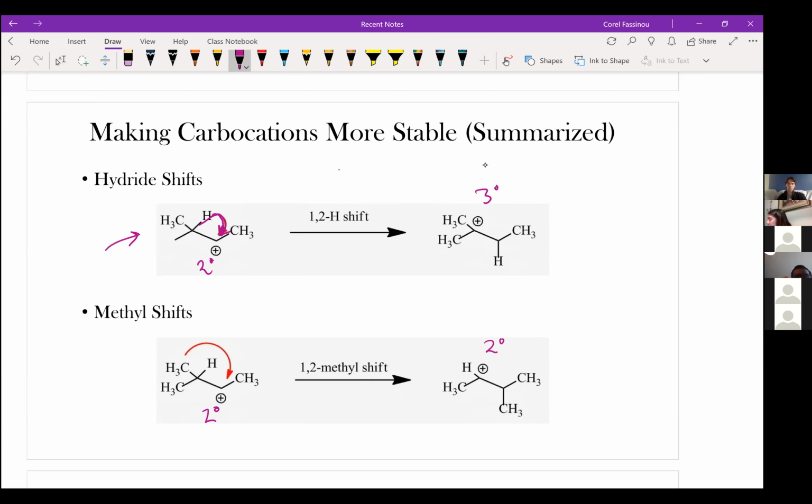With this example, we're trying to illustrate another important point: although these two are the same energy, both secondary carbocations, the fact that they're equal in energy means they're both equally favorable. So when you have reactions, you can have a mix of products because you can have the positive charge on two different carbons that are equally favorable.